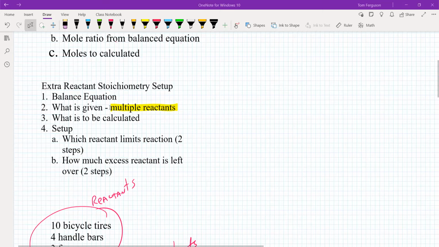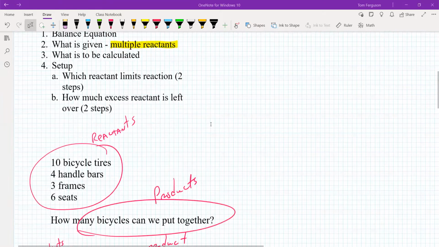multiple reactants, then you still need to figure out what's to be calculated. But then the setup is different because you need to figure out which of the multiple reactants is limiting the amount of product. That's usually a 2-step process.